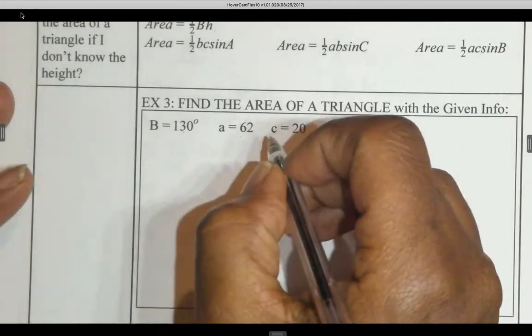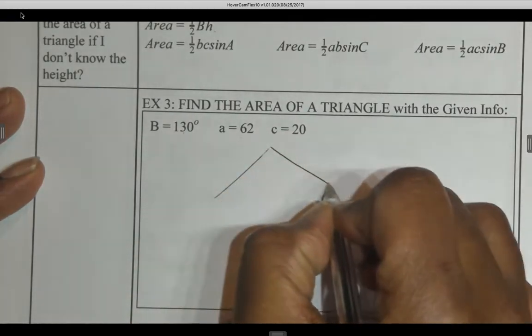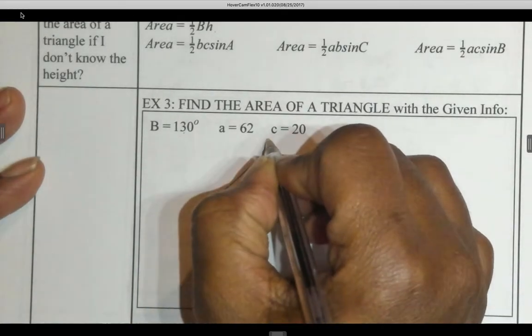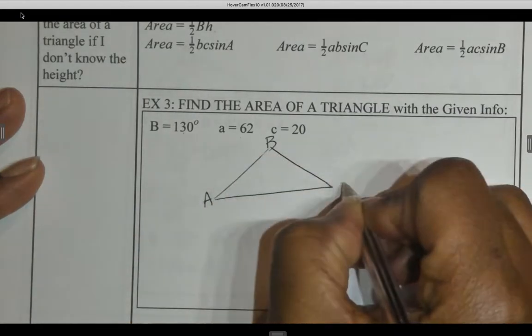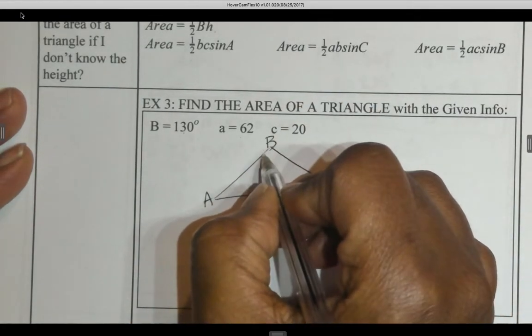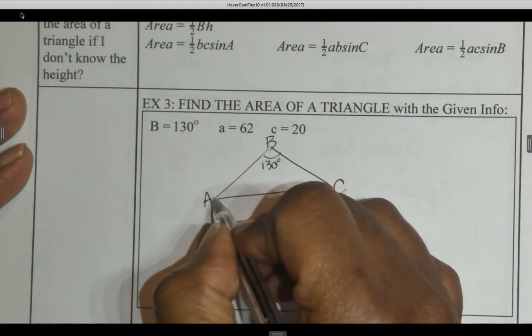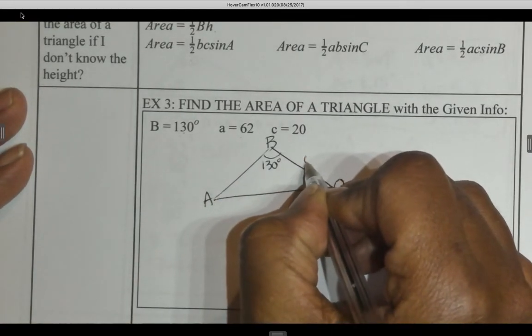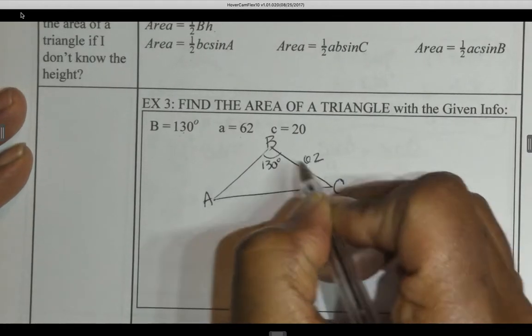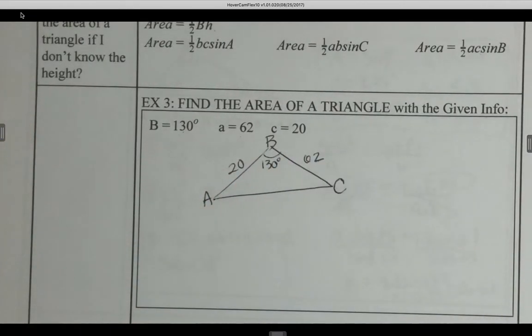Let's draw the triangle. It doesn't have to be perfect, but I'll label A, B, and C. Angle B is 130 degrees, side A, across from angle A, is 62, and side C, across from C, is 20.